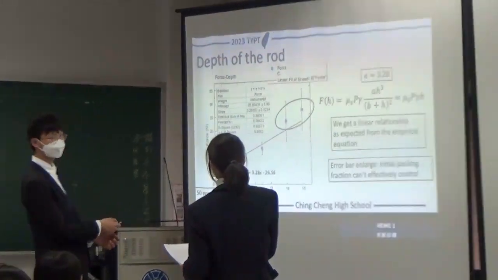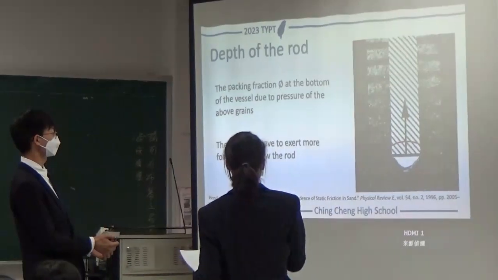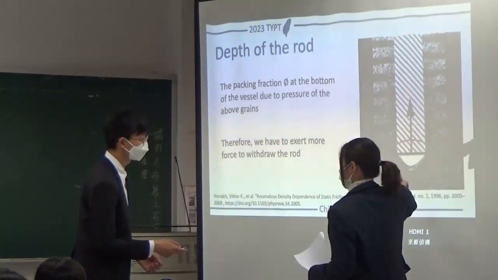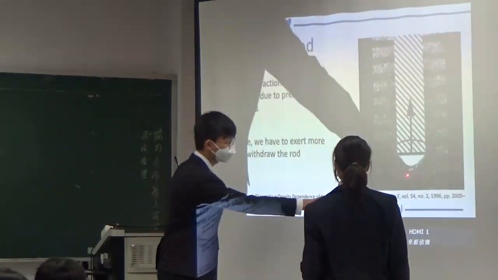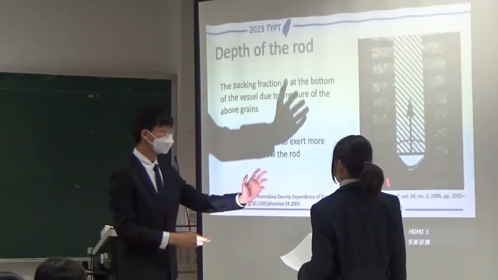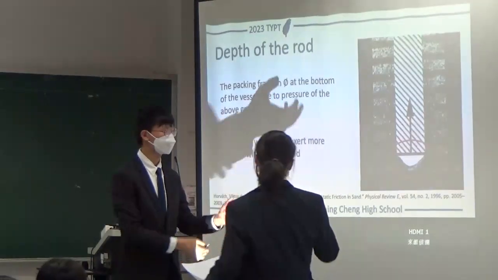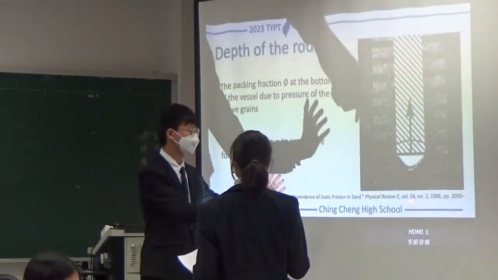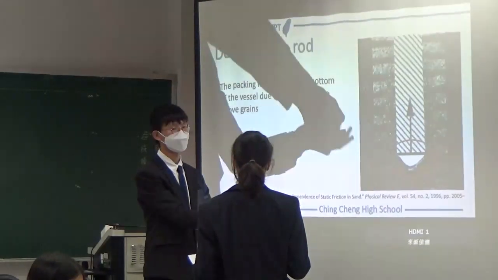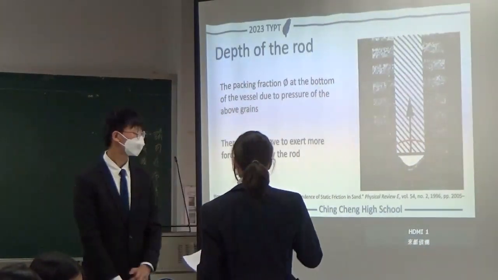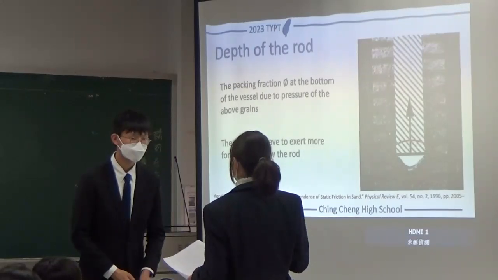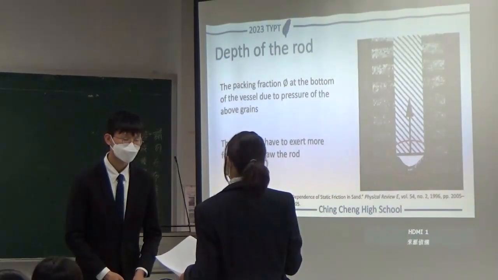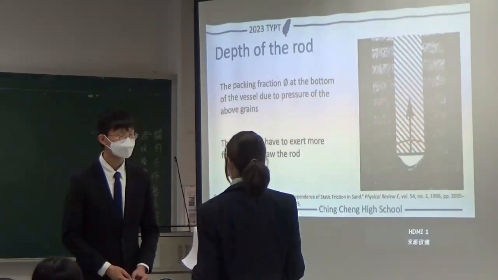The previous one. Is this space empty or full of things? About this part. Yes, this part is a sharp point of the rod. So this space is stuffed by the rod, not by the granular material. So your stick's surface isn't stable, right? Do you think this will affect the friction?